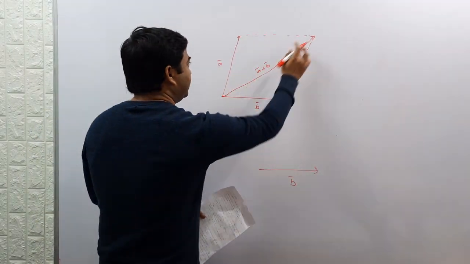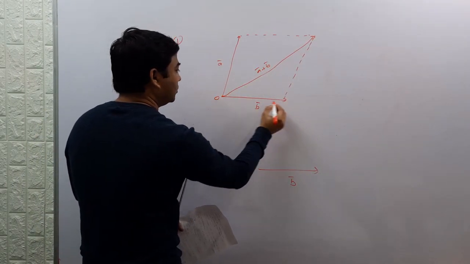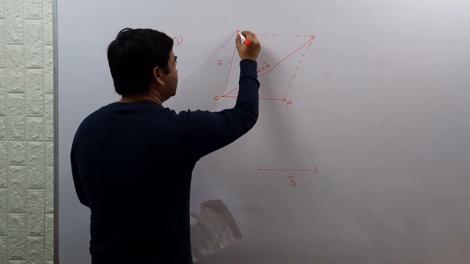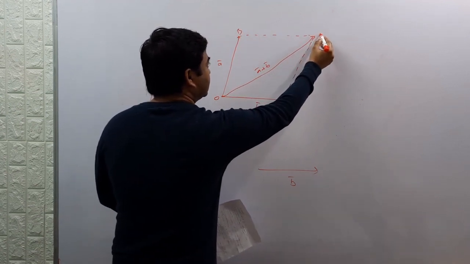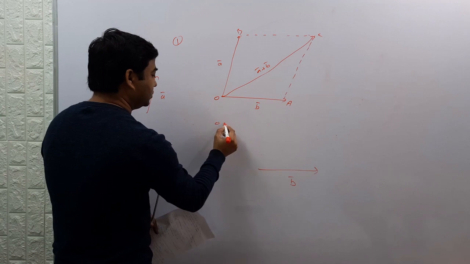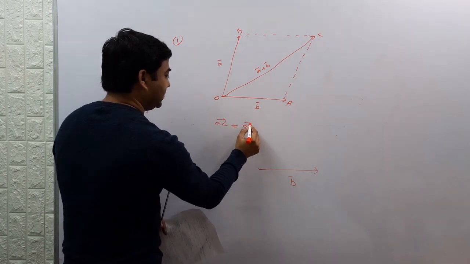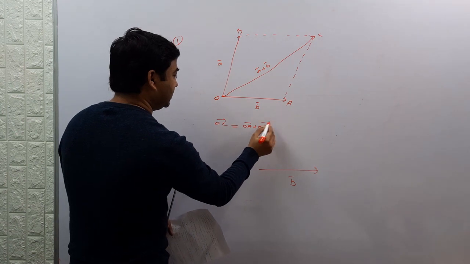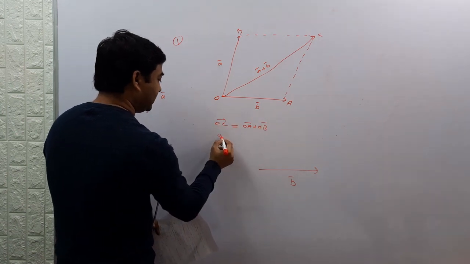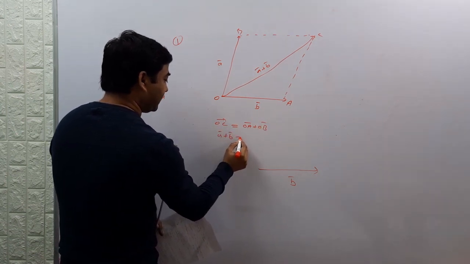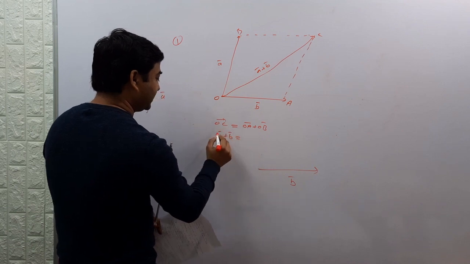So this is point O, this is A, this is B, this is C. Vector OC is vector OA plus vector OB. You can also write A plus B is equal to this vector OC.